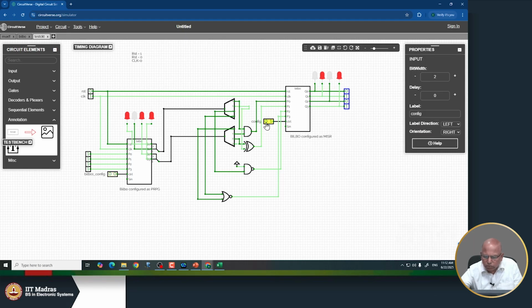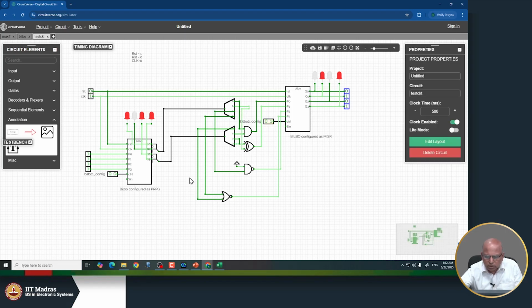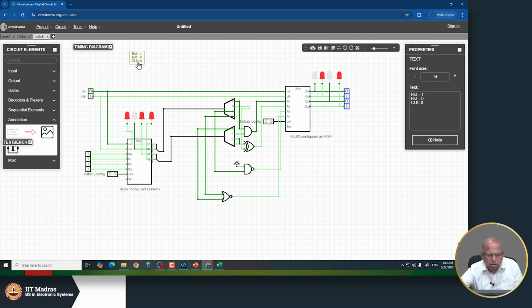This is maybe Bilbo 2 config. Okay. So, Bilbo 1 config should be 0.